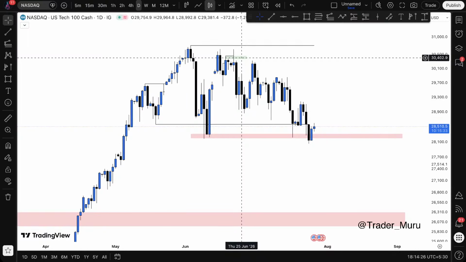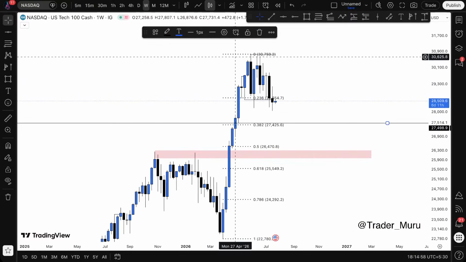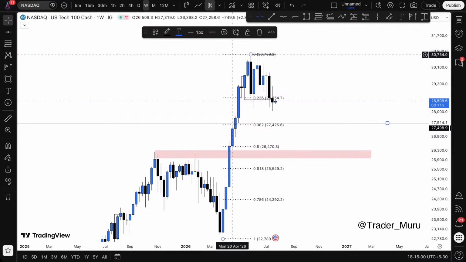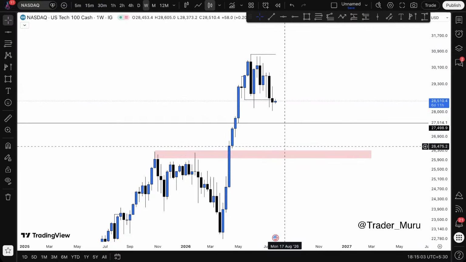Weekly, there is no structure. So price should drop to this level for the bigger view. It should test 23% to 38%, then it can start pumping again. So it is near 23%, this is 38. If price starts dropping, this will be your target, 27,500. These two are your targets for the drop. From here you can watch for a buy.